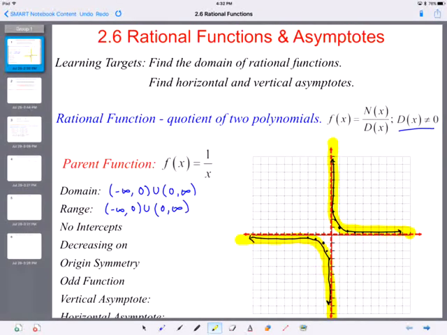So it's decreasing throughout the entire graph. So we're going to say that it's decreasing from negative infinity to 0. And it's also decreasing from 0 to infinity. And 0, it doesn't even exist, so it can't really be decreasing on that.